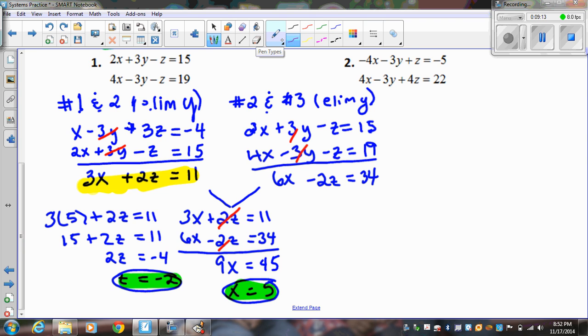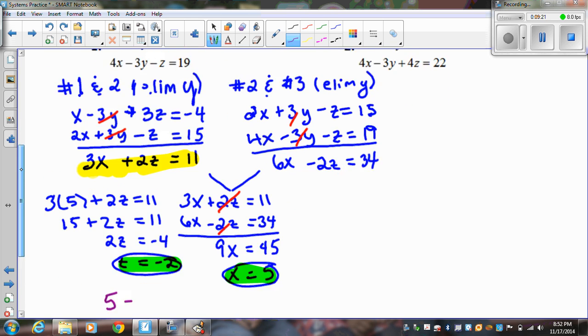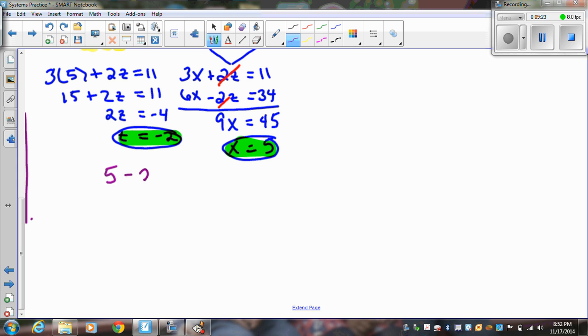So my x is 5. Minus 3 times my y, and I don't know y yet, plus 3 times z, which is negative 2, is equal to negative 4.